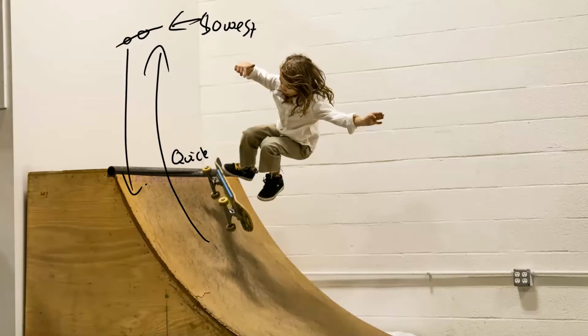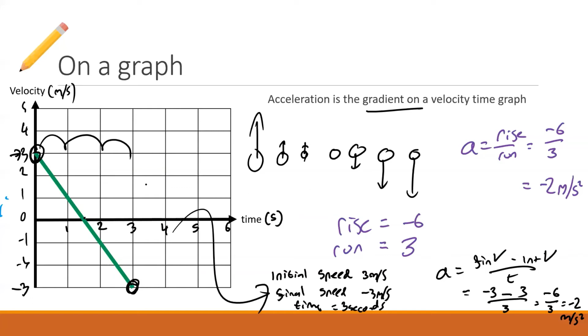Okay? That is because, if you look at that, that's this graph. Initially, the person's going really quickly in the air. Then they slow down in the air. They almost hover in the air for a second.